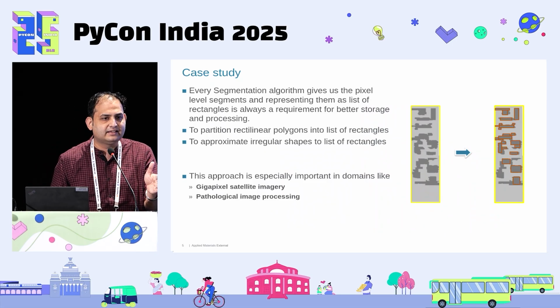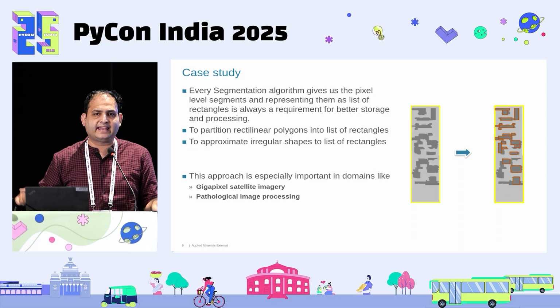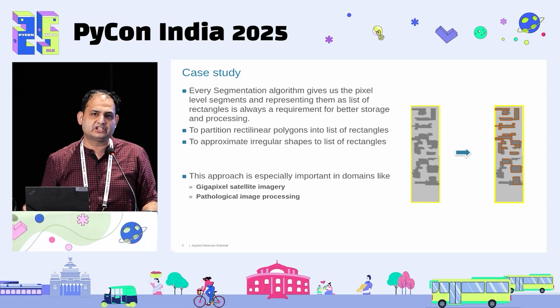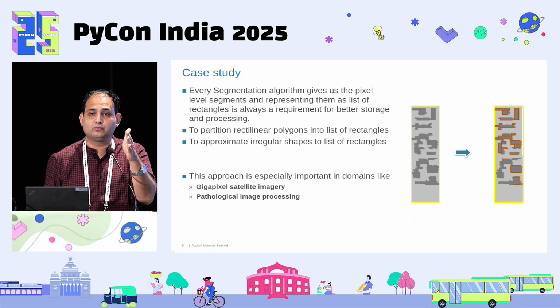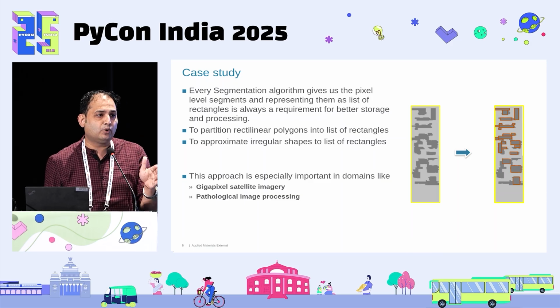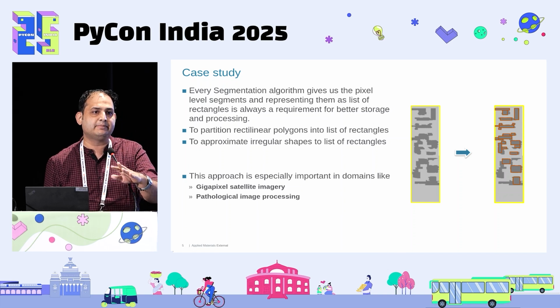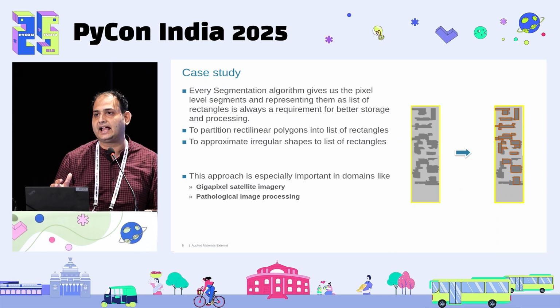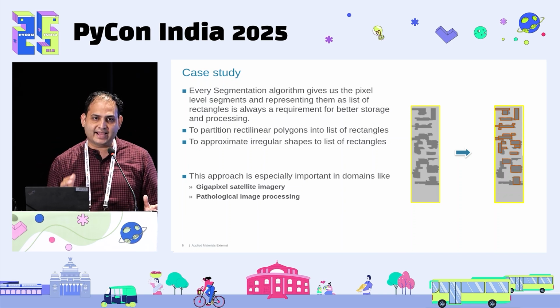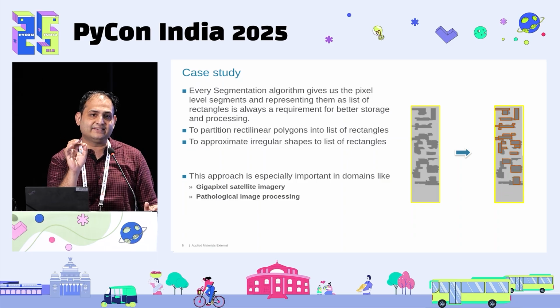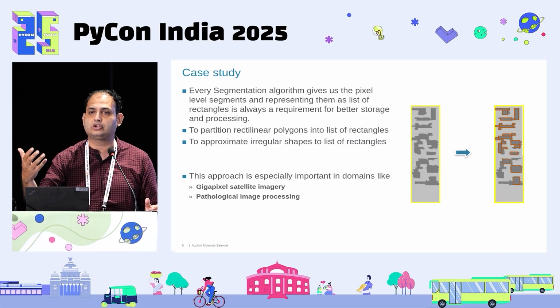This seems easy. I can just draw a bigger rectangle around all of my segmentation map and call it a rectangle. No, I don't want that kind of rectangle. I want a rectangle that has exactly only the pixels that are segmented, the area of my interest, and does not cover even a single pixel that is not of my interest.